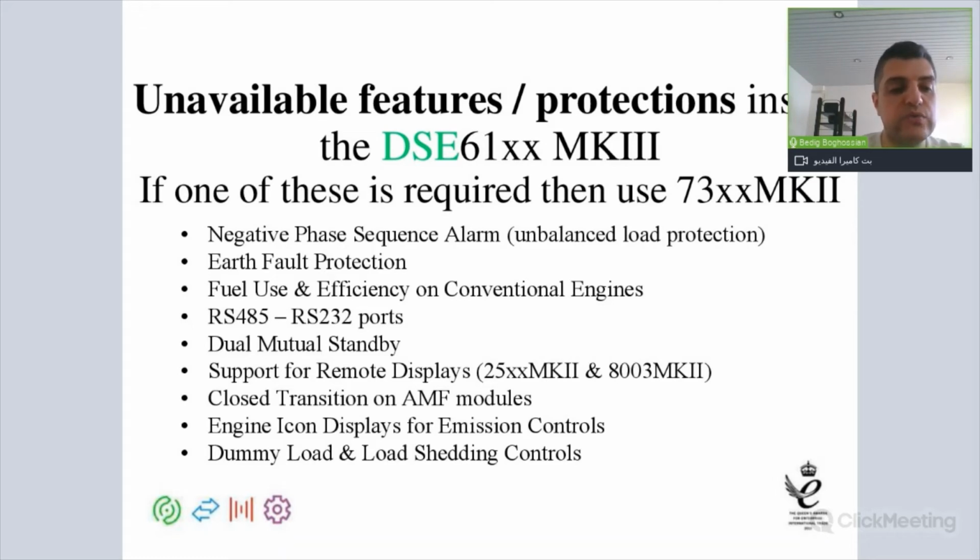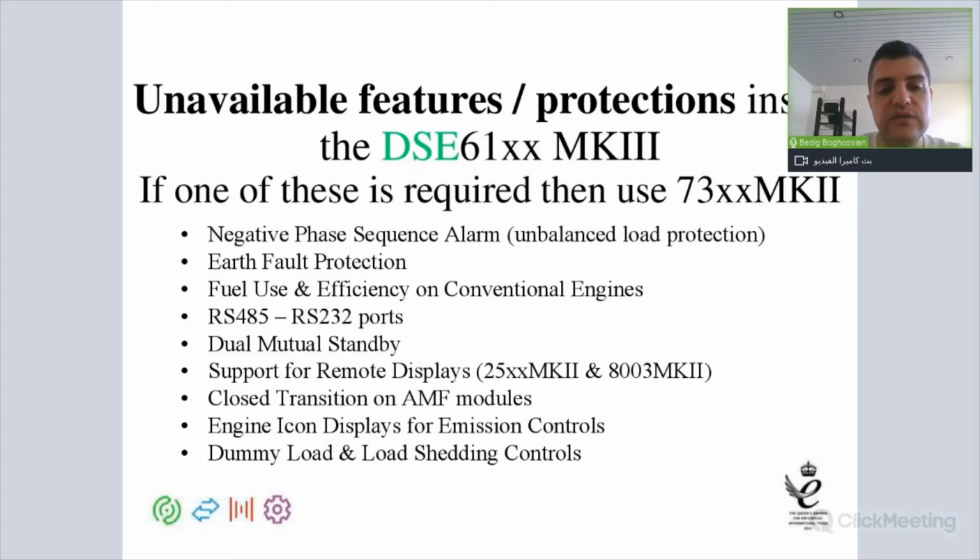RS-485, RS-232, dual mutual standby, remote displays, close transition, engine icon displays for stage 5 tier engines, tier 4 engines, dummy load and load shedding controls. All of these features are not available inside the 61 MKIII.